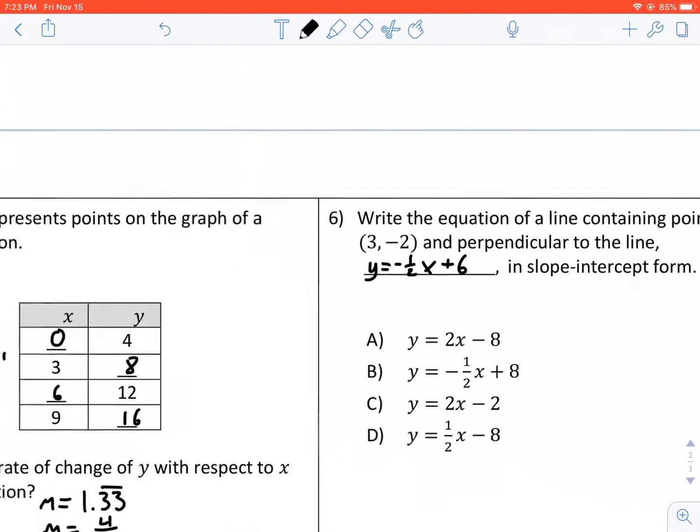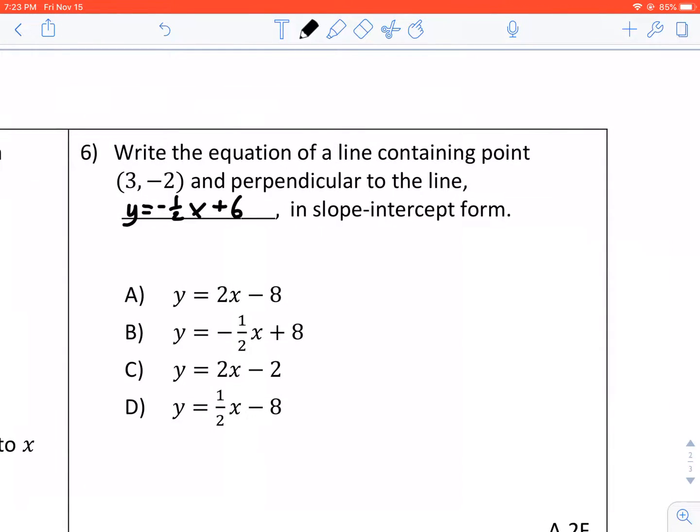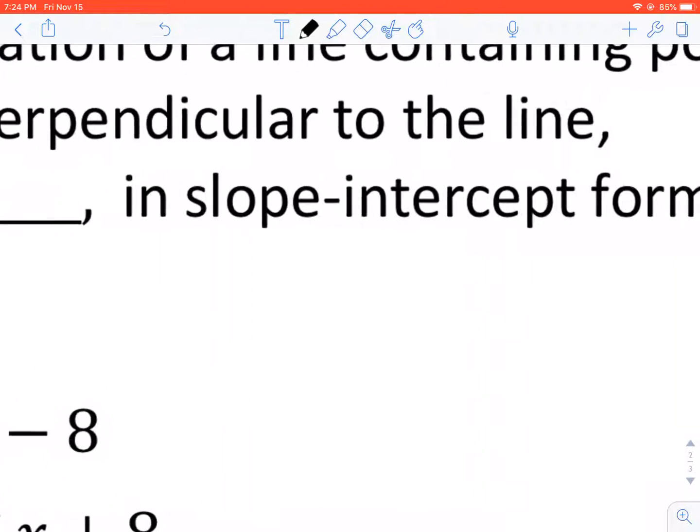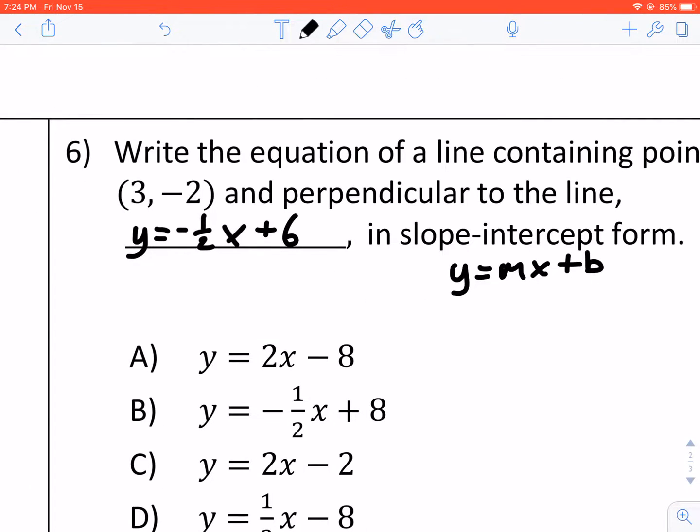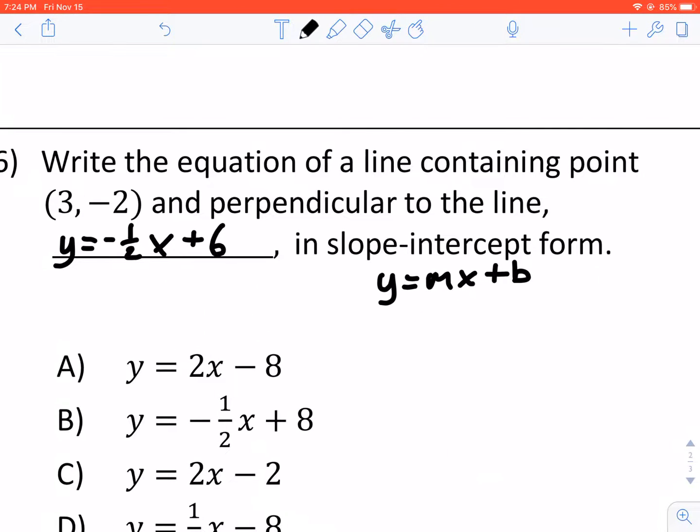There we go. In slope-intercept form. So first of all, let's write down what form it wants us to use. It wants the line written in y equals mx plus b. That is a form that you should be very familiar with. You know what is expected of you.